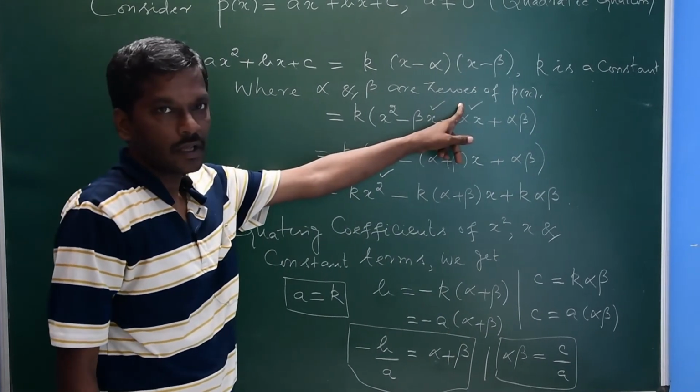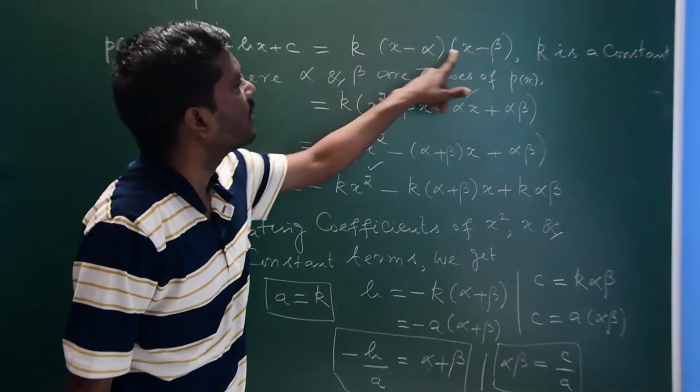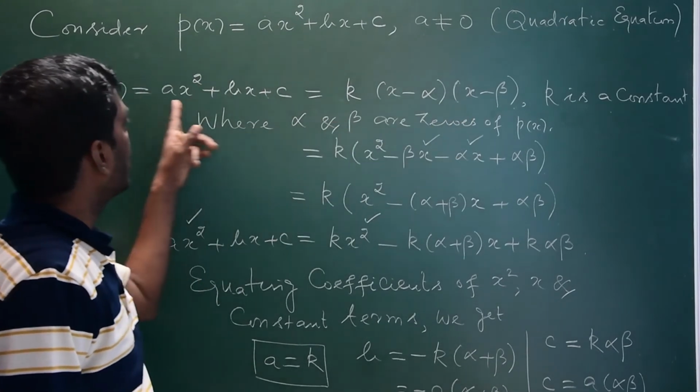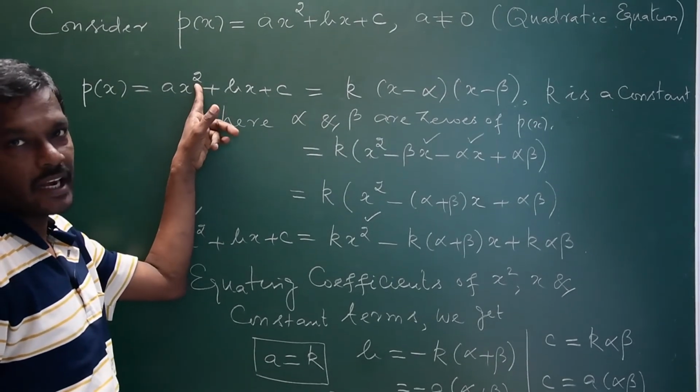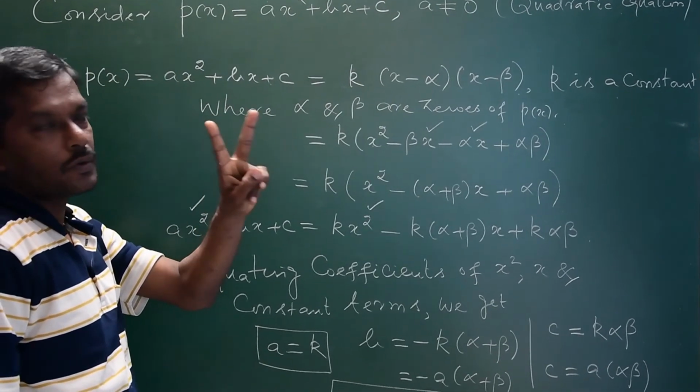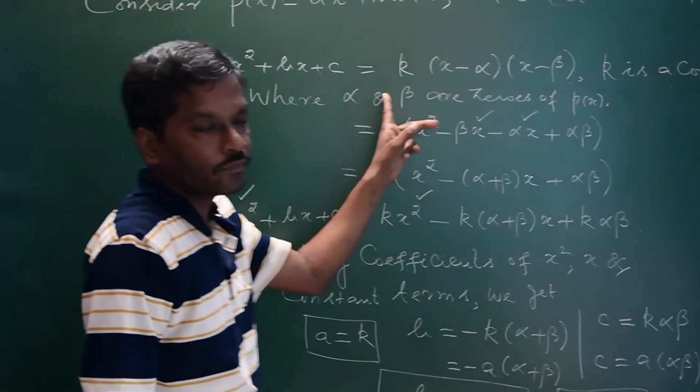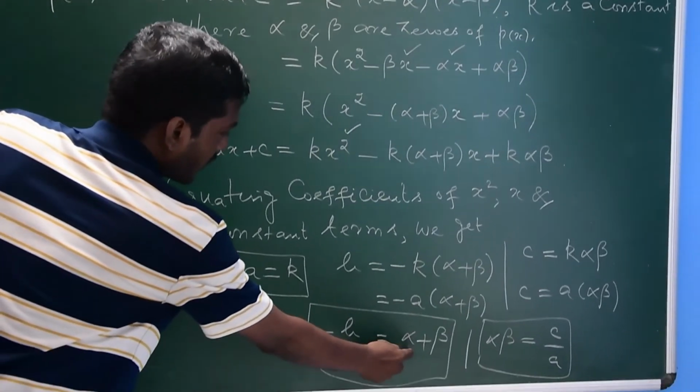Alpha and beta are zeros of p of x, because if this is a quadratic polynomial, it can have at the most two zeros, namely alpha and beta.